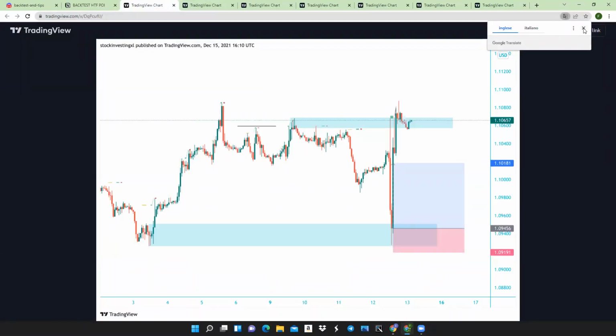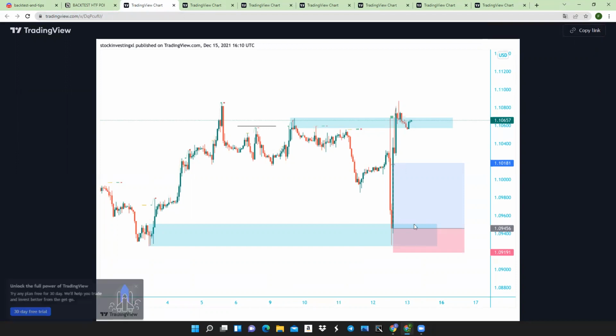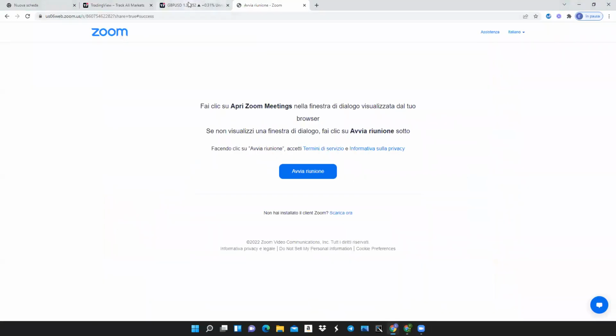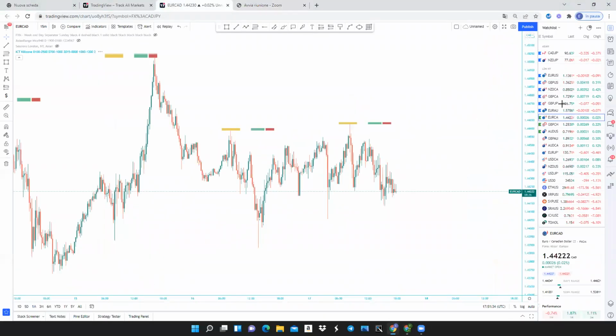Of course, this is not to show you that I trade good. This was just a backtesting. I was backtesting to see which areas worked the best. Now I can already start showing you what these areas have in common. So let me go to my charts and I'll show you in a second.